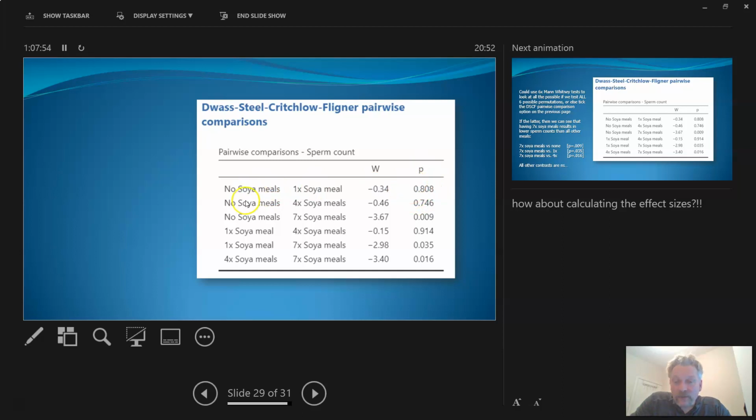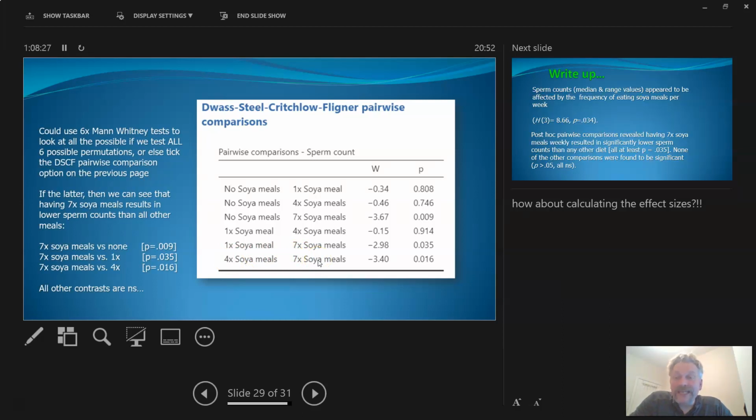In fact, once we do all those kinds of comparisons and we get the test statistic, what we can look at is the p-value here. And you'll probably find that we only have these 3 groups that show a significant difference. So this is between no soya meals and 7 soya meals, between 1 soya meal and 7 soya meals, and 4 soya meals and 7 soya meals.